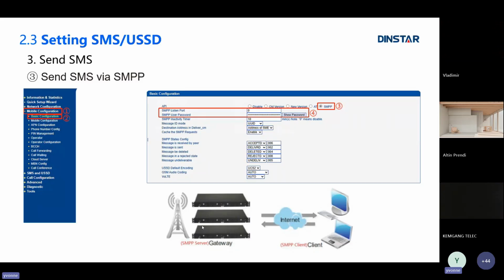The SMPP client may be an application or server on the client side that communicates with the SMPP server or gateway over the internet, and the UC2000 gateway, configured with the right SMPP settings, can receive SMS sending requests from the SMPP client, process them, and then send the actual message through the mobile network.